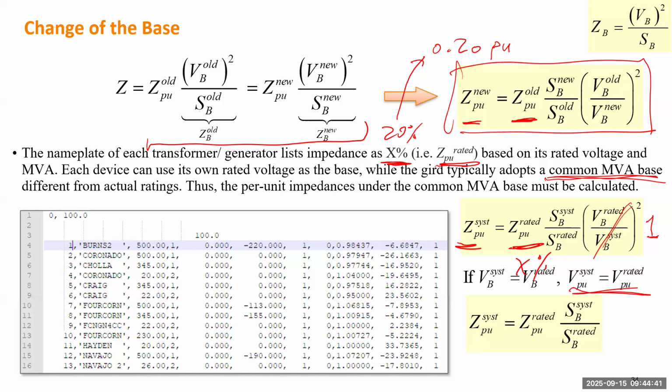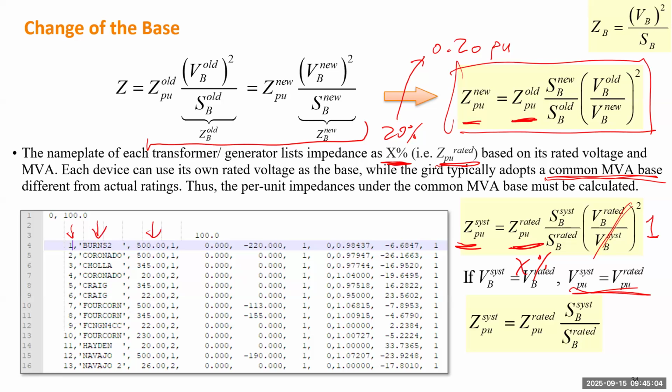Okay, here is one example from an actual model of a power system in the US. That's a standard data format of the network or power flow data. You see this first column is just the location number, and this is the location name.